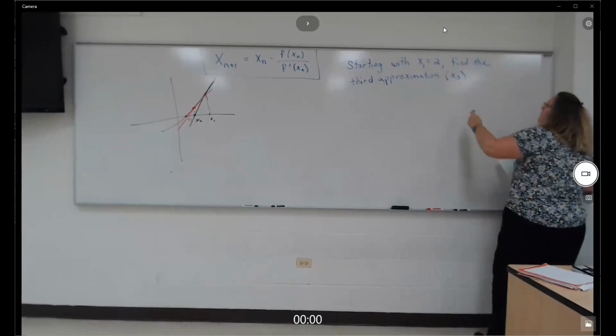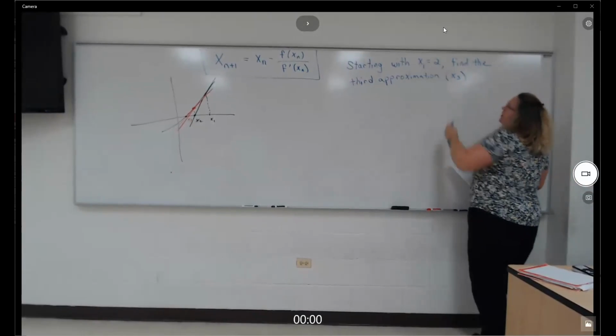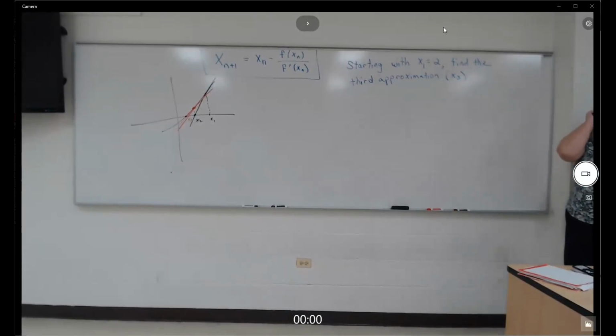We'll consider this one the very first approximation. So they actually gave us the first approximation, so we have to find the second and then use the second to go find the third.